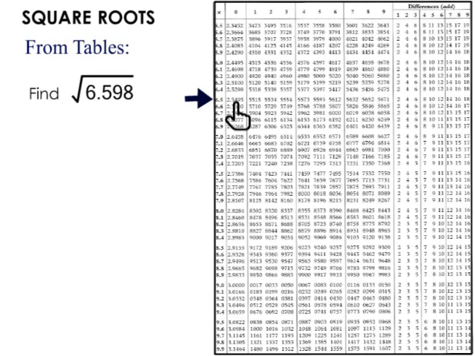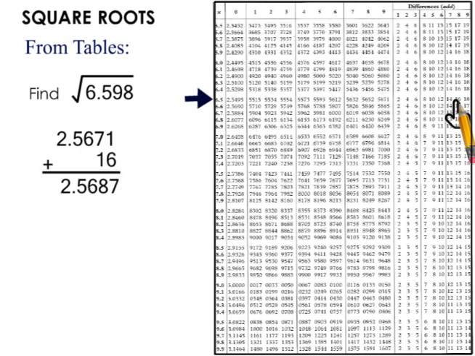So we go to the column of 9. They coincide here. The number is 5671, but it has to start with 2 points, so it's actually 2.5671. In the add column, we go to 8. The number here is 16, and so we add it to the first reading. So we have 2.5687. That is the square root of 6.598.